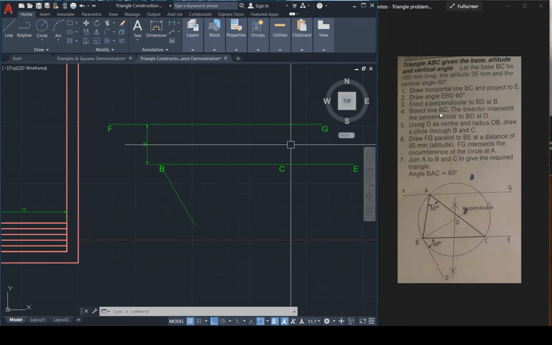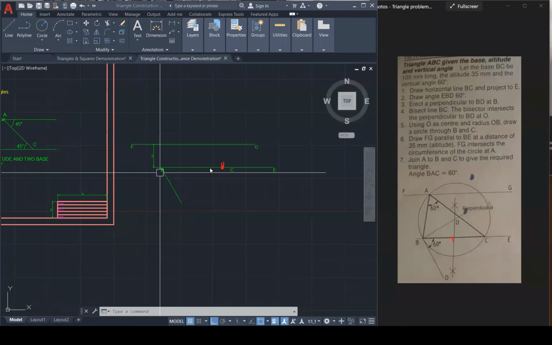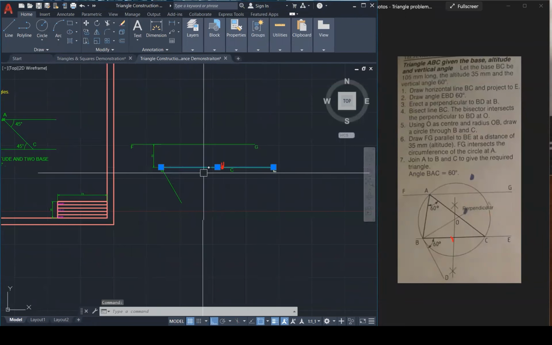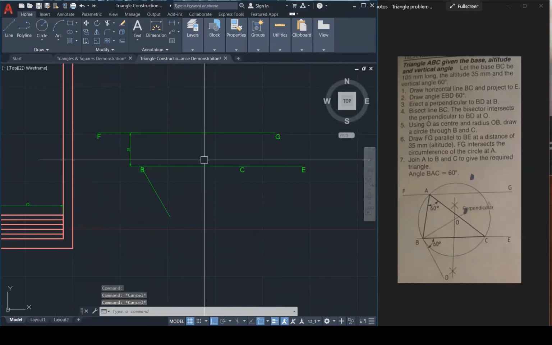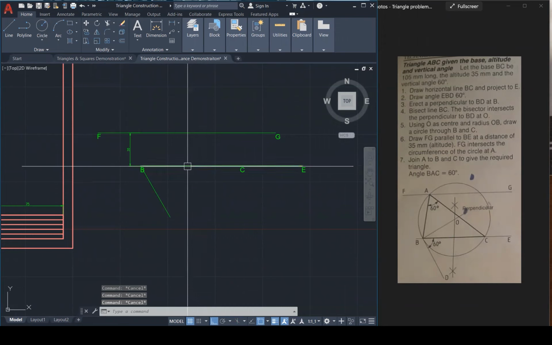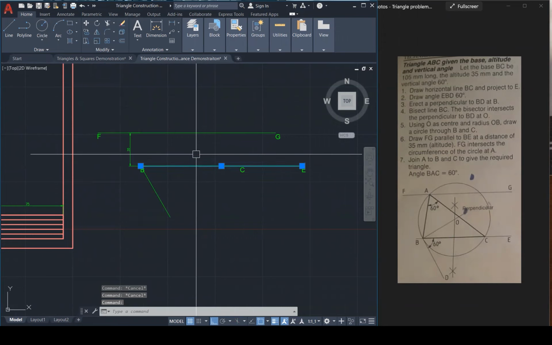Bisect the line BC. So that means I'm going to come here and find half. But the problem with what I did, which I didn't like, is that I had the distance of this line one time, but I stretched the line to find E, which I didn't think was necessary in the whole construction, but whatever.